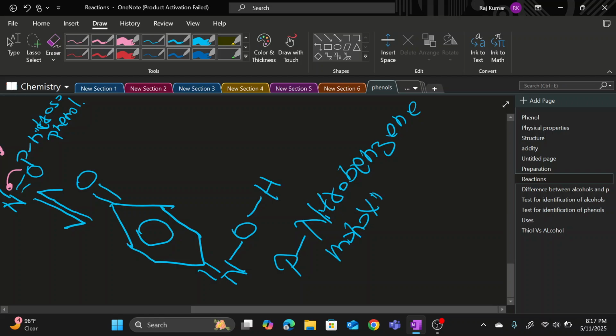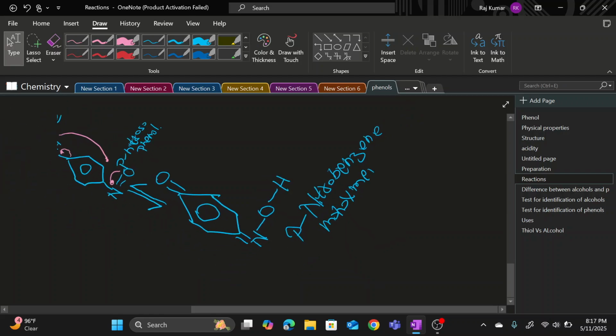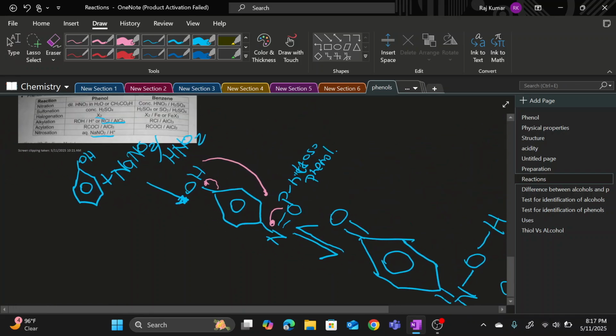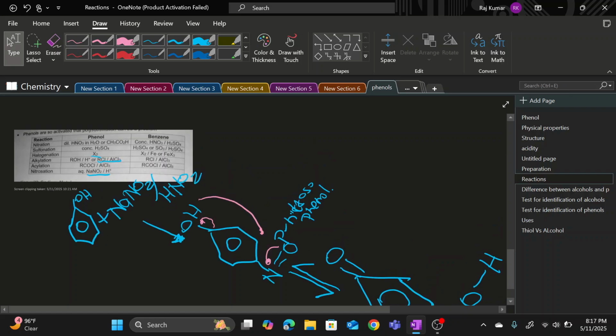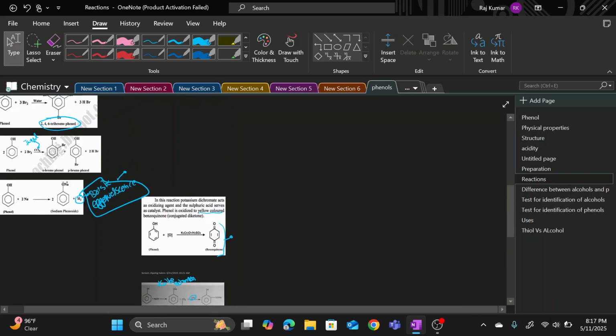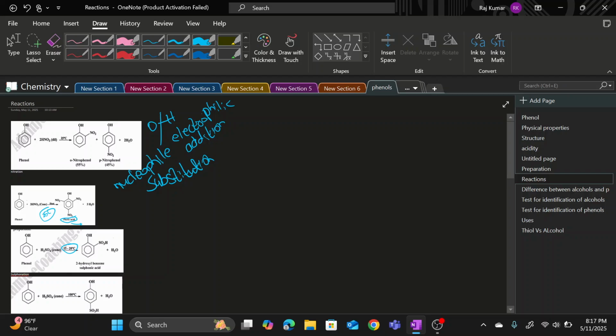This is basically an oxime isomer, an oxime tautomer. So for this, we either use nitrous acid. In our books, it is mostly written nitrous acid, but we can also use sodium nitrite. All right, so that's all about it.